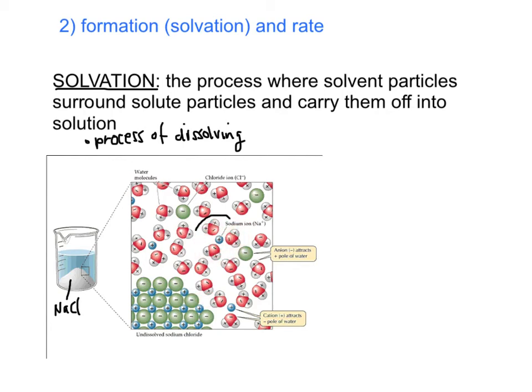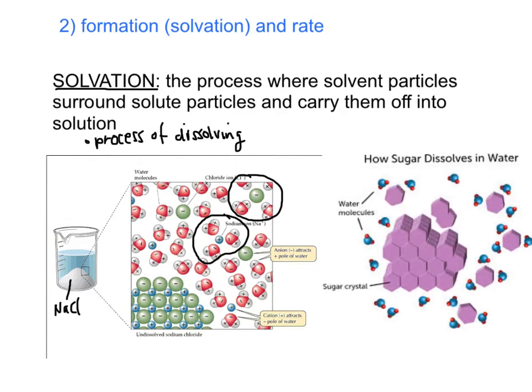And you'll notice that the positively charged sodium ions would be attracted to the negative pole on the water, whereas the negatively charged chloride ion would be attracted to the positives on the water molecule. So that's how something ionic would dissolve, and you'll notice that the ions end up separate from each other.